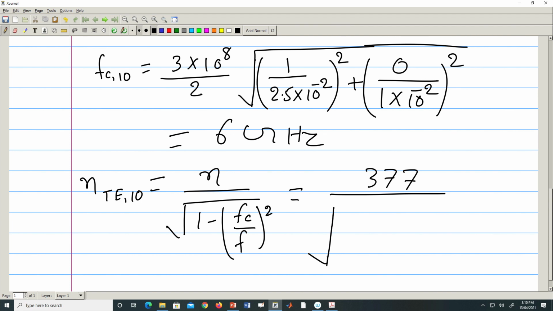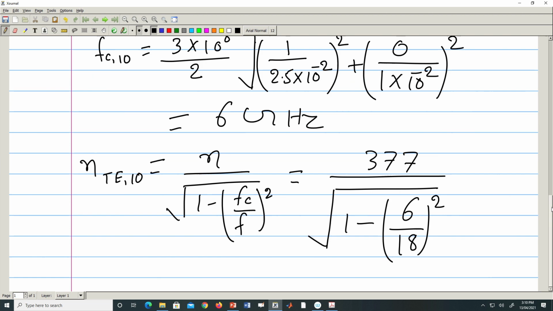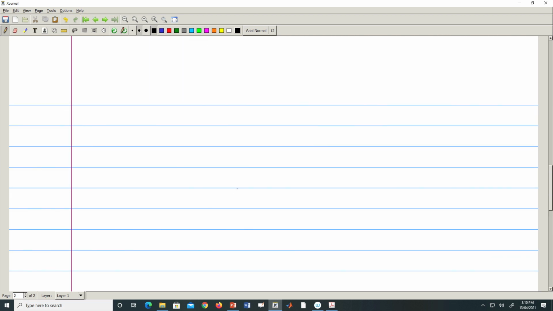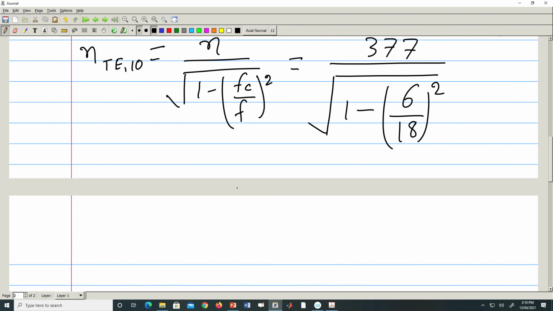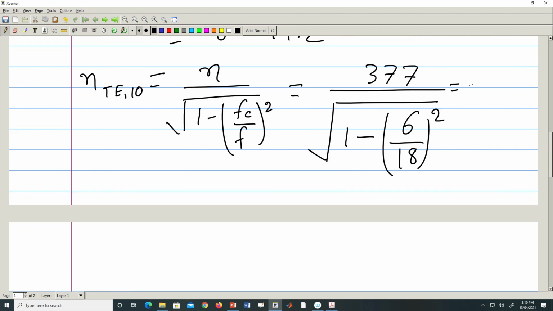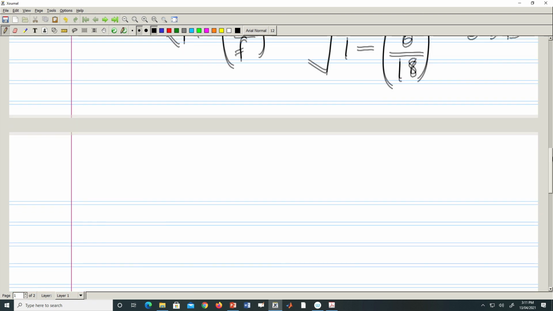Given operating frequency is 18 gigahertz. So, from this we will get, in the denominator it will come 377 divided by the square root of 1 minus 6 by 18, it will come 0.943, and the answer for the TE10 mode will be 399.87 ohm.